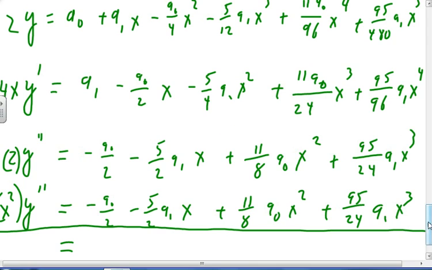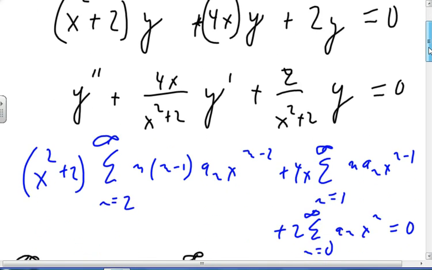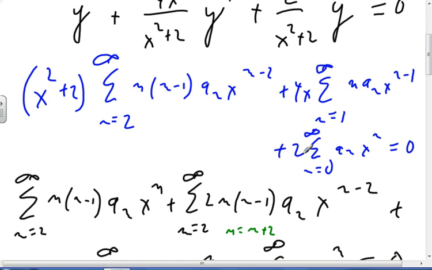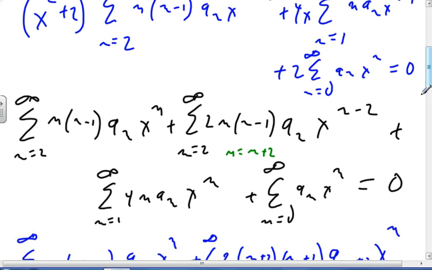Yeah. All right, well, back up to the top. The problem is written down correctly. Yes. I have a 2 sitting there. I do. It's positive.